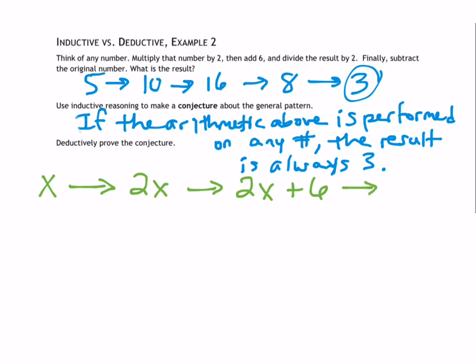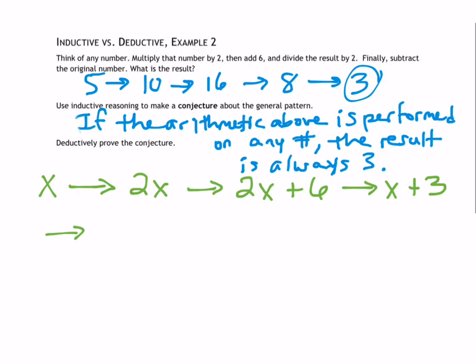All right, so we have two terms here, 2x and 6, and you might remember that when we divide something like that by 2, both of those terms get divided by 2. So 2x divided by 2 would become 1x, and then 6 divided by 2 would become 3. So that's going to become x plus 3. And then finally subtract the original number.